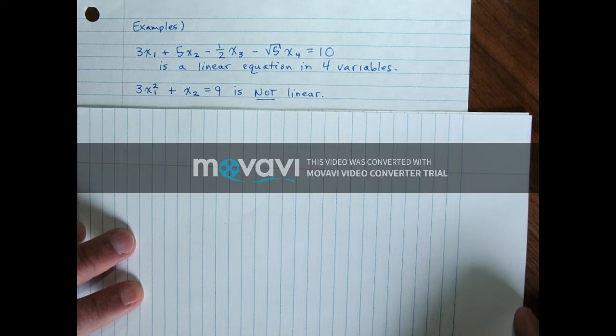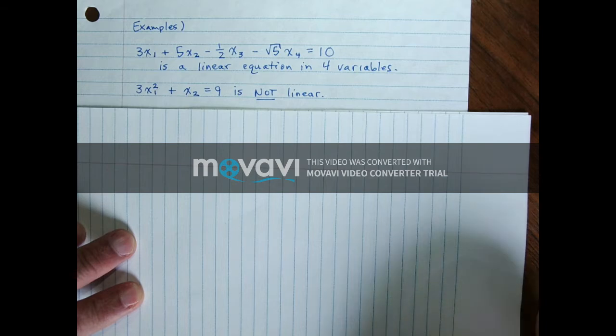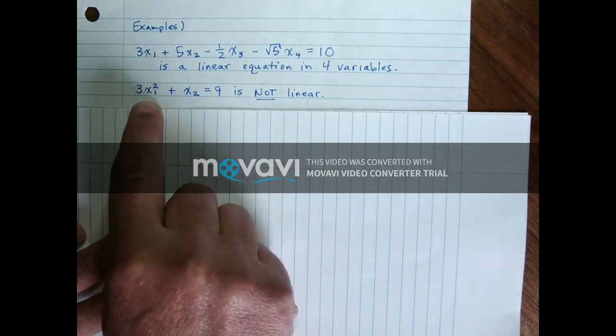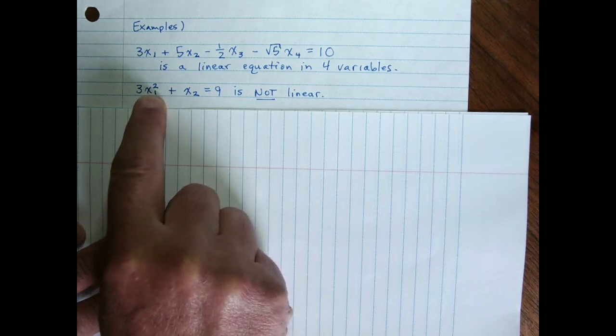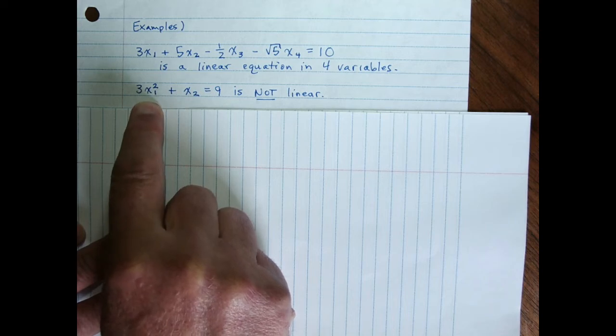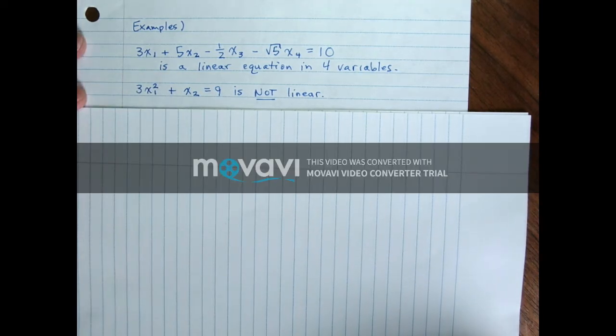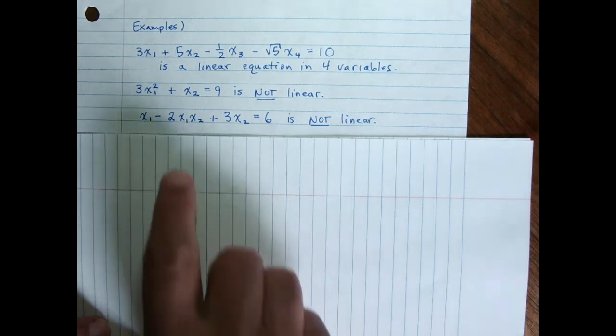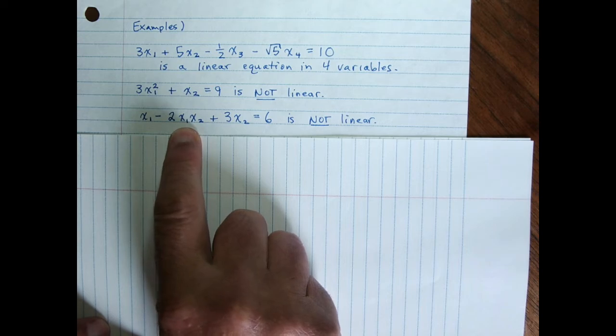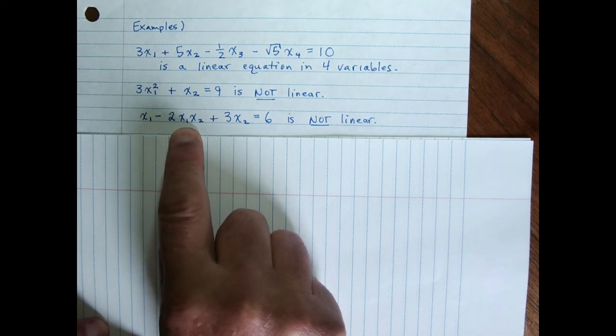So 3x1 squared plus x2 equals 9 is not linear. Just notice with the x1 squared that the 1 is a subscript, just denoting that it's the first x variable, and then the squaring is written right above it. Of course, that means we're taking x1 times x1, just like in elementary algebra. Here's another example, x1 minus 2x1x2 plus 3x2 equals 6 is not linear. So here, in one of the terms, we're multiplying x1 times x2.